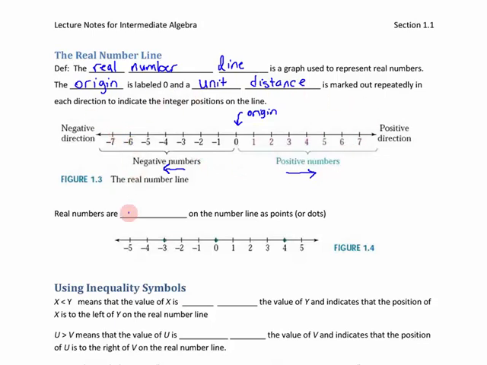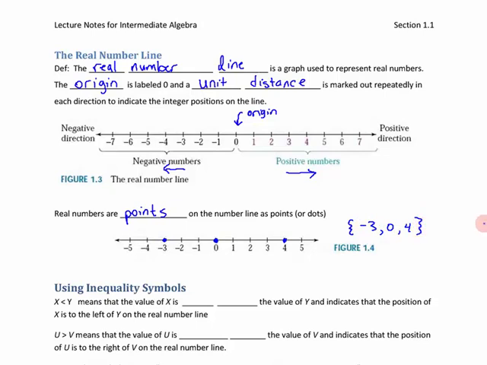The real numbers are points on the number line. We use the number line to graph single real numbers or sets of real numbers. So for example, you can see on this graph here, we've got a dot on the numbers -3, 0, and 4. That is a graphical representation of the set -3, 0, and 4.